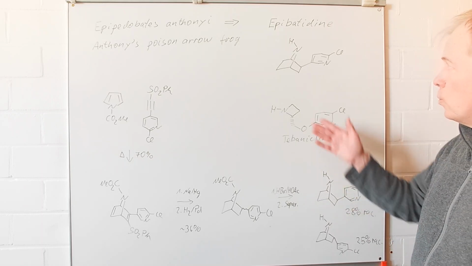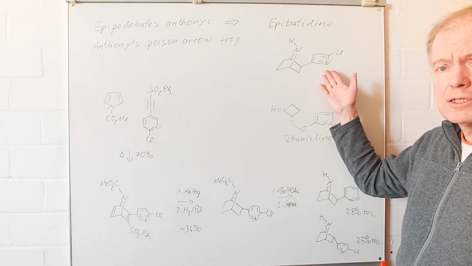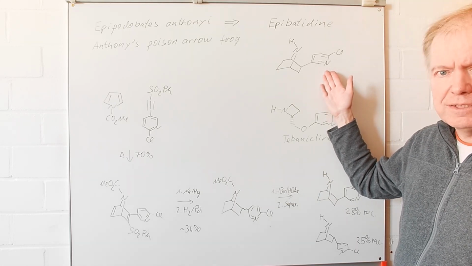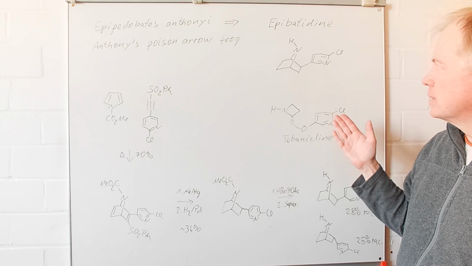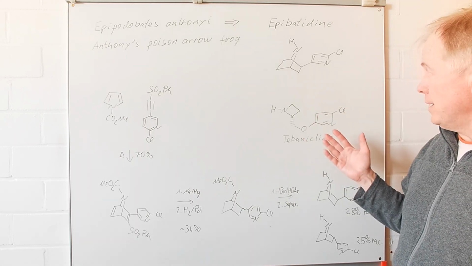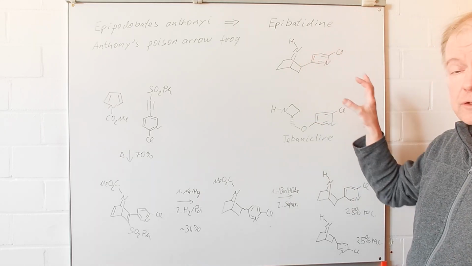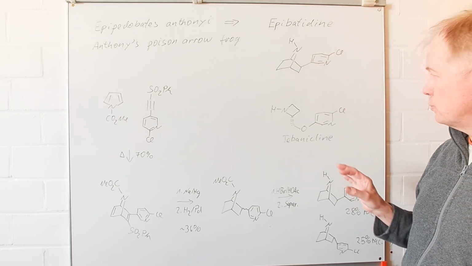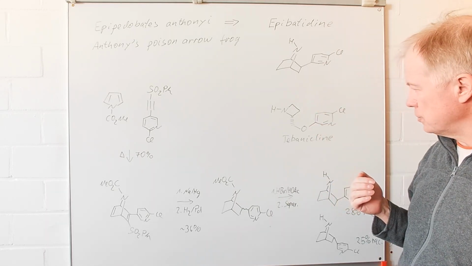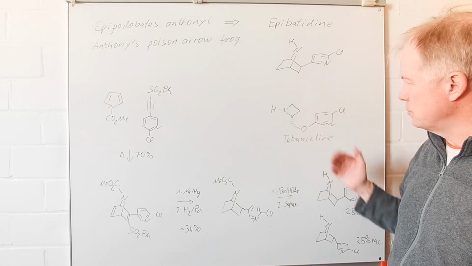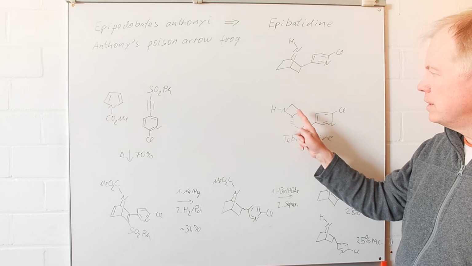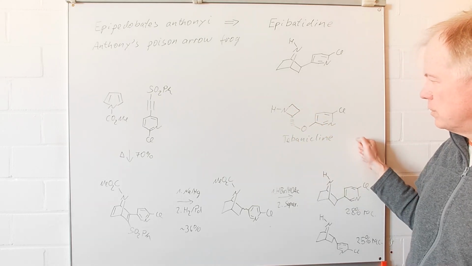So, what about using that compound as a drug against pain? Well, it is too poisonous, and therefore it was tried to derivatize that, to choose similar structures, and indeed there was one interesting structure already found, tebanicline, here with a 4-membered ring.